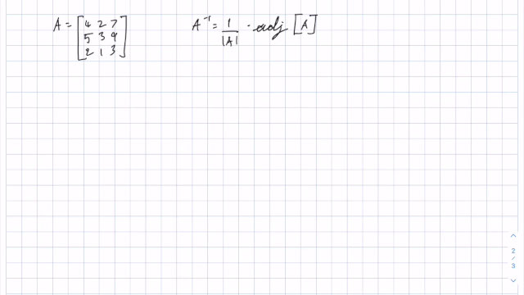Now that we have the adjugate of A, all that's remaining is to find the determinant of A to finish off trying to find the inverse of A. So the determinant of A is pretty simple. You have to use the pattern of cofactors. Remember that. Let's do this real quick.